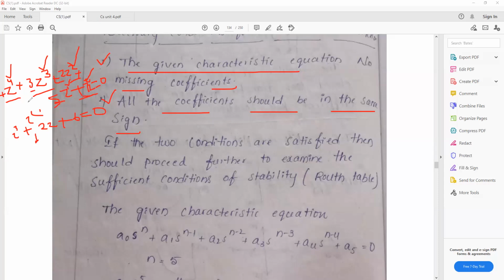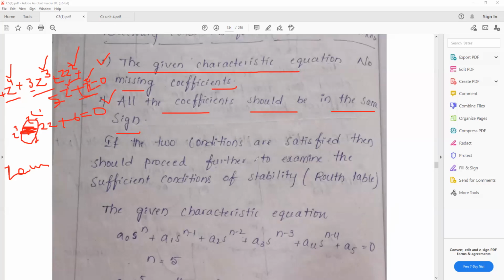Not like this, for example, if s power 3 minus 2s came, the given system is unstable. So with the sign change in the characteristic equation, the given system is unstable.